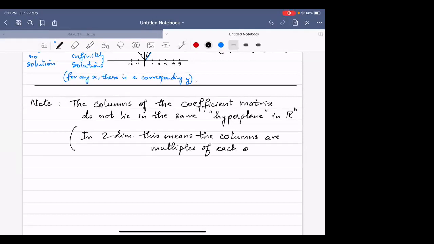Then in 3 dimensions, this means instead of vectors, you will have planes, right? You'll have vectors in planes and you will have looked at those planes. So this means that the columns lie in the same plane.